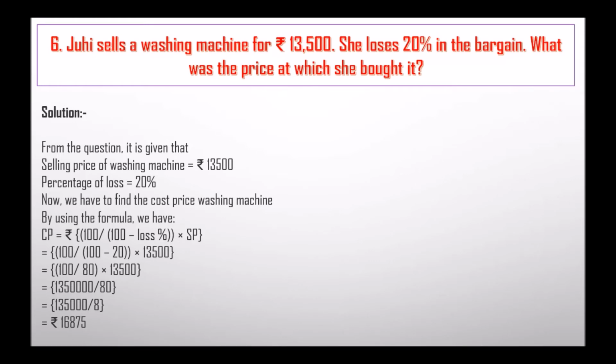So 100 upon 100 minus 20 into 13,500. That is 100 upon 80 into 13,500. So it is 13,50,000 upon 80. So 1,35,000 upon 8, that is rupees 16,875.